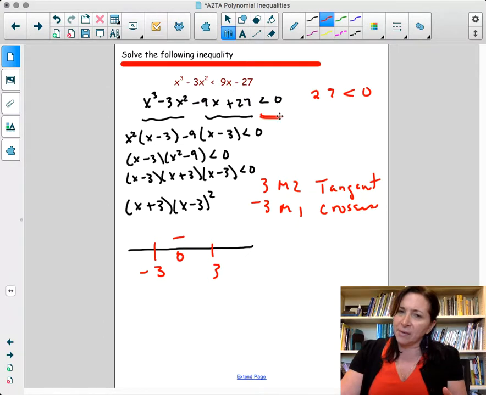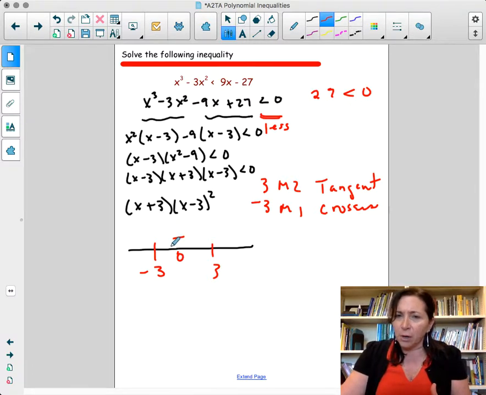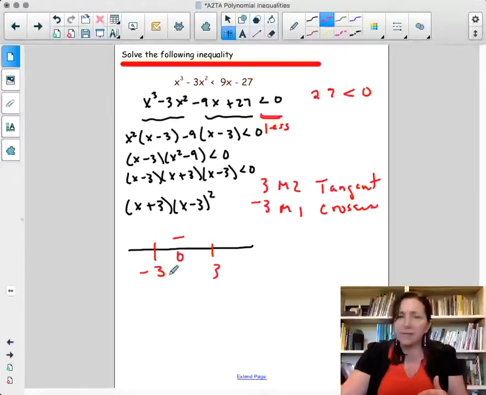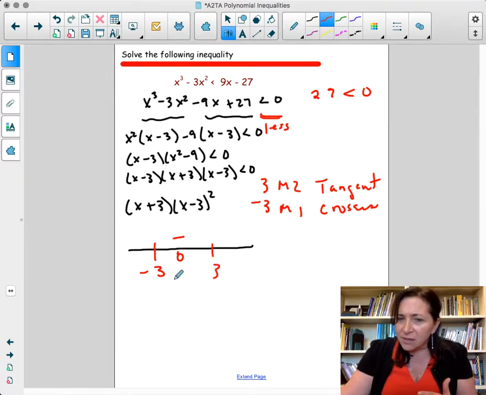This one is asking, is it less than 0? Is 27 less than 0? No, it's false. So it's not less than 0, it's greater than 0. It's not down here, which means it's going up this way.